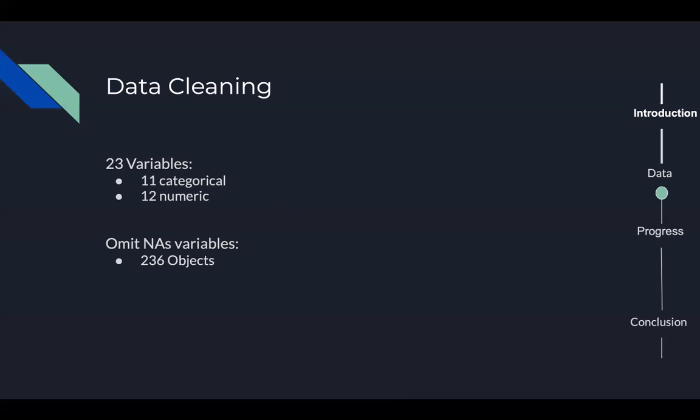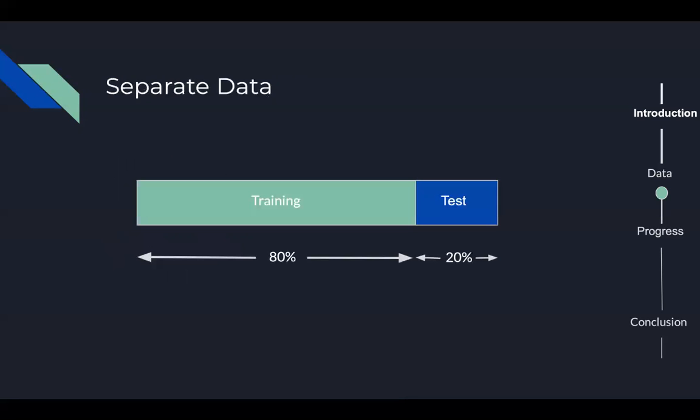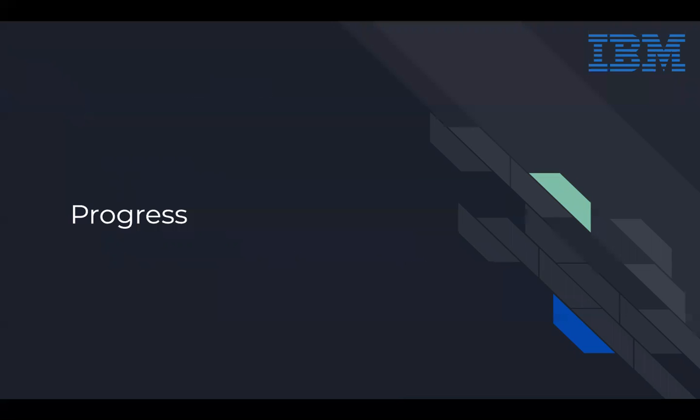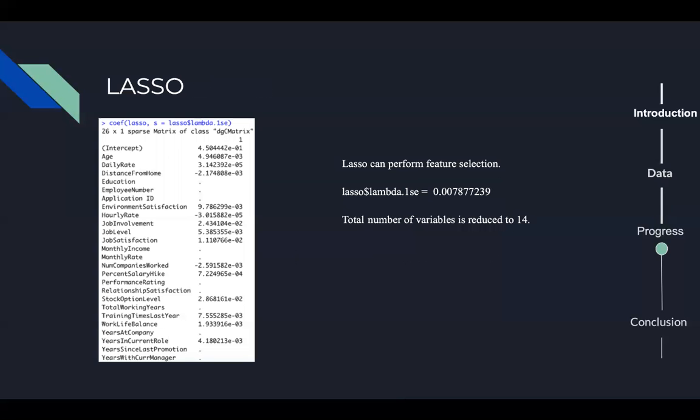Also, we deleted those NA rows, which is about 230 objects. Before analyzing these datasets, we separate the dataset into two parts. 18% of the data counts for the training dataset and the rest is the test dataset. So now I will pass to Yueting to talk about the first part of regression.